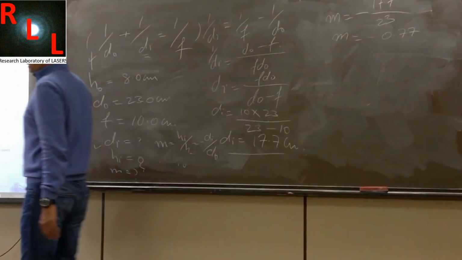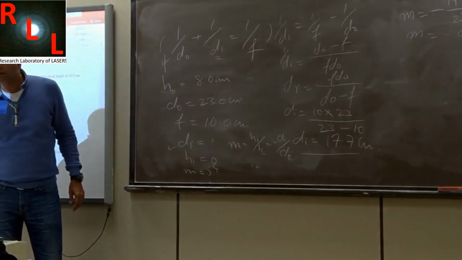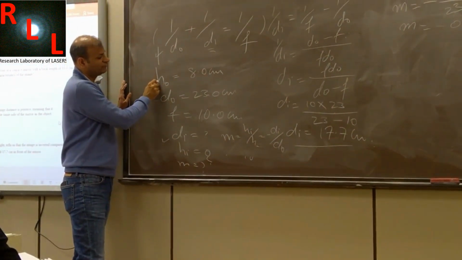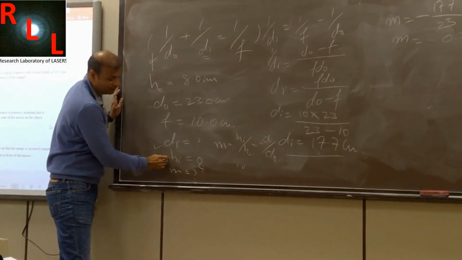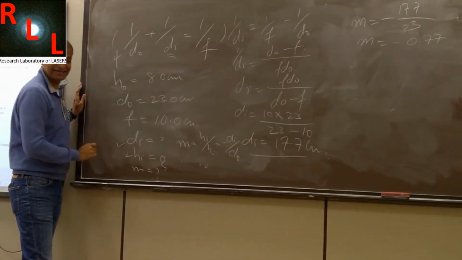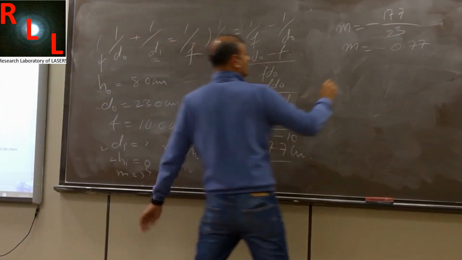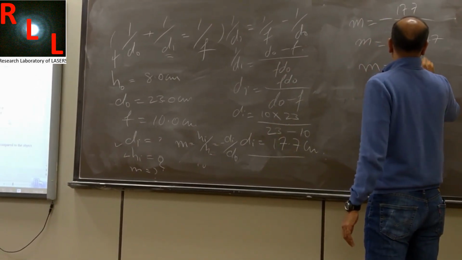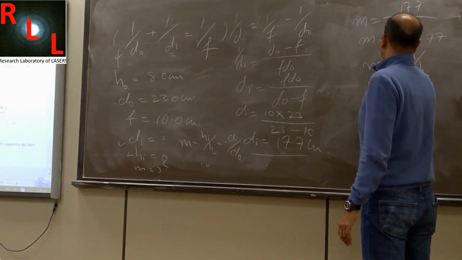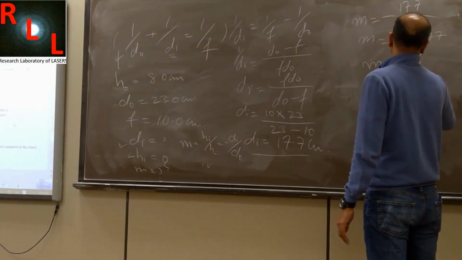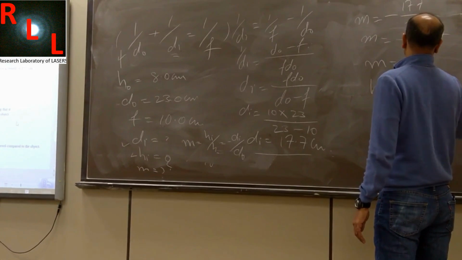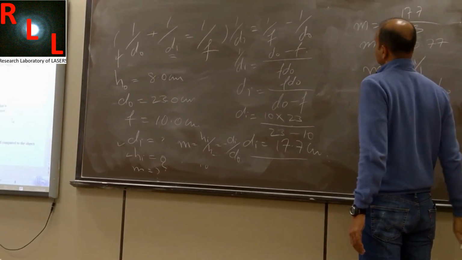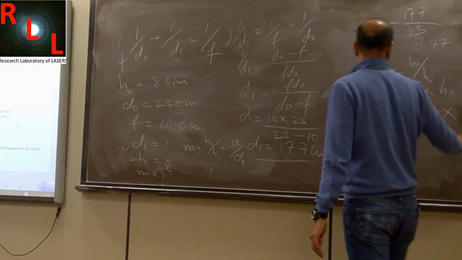Now you have found this thing. What else? h naught is given. This one we also need to find out, hi. So m is equal to hi over h naught, so hi is equal to m multiplied by h naught. m is minus 0.77 and h naught is 8.